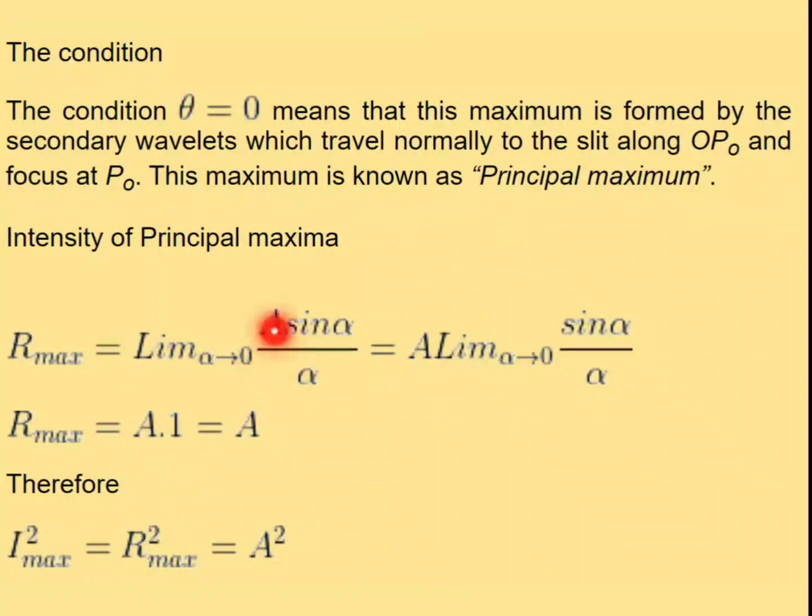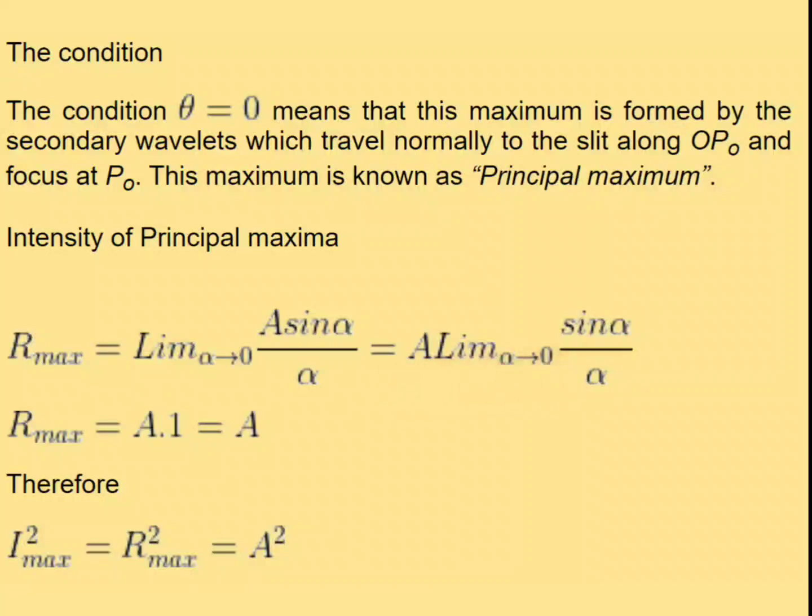With the help of limits, A sin alpha by alpha is written as, here A is a constant, just simply write it in front of the limit. So limit alpha tends to 0, sin alpha by alpha, it is like a formula, limit of A tends to 0, sin A by A, and this value is equal to 1 according to limit.